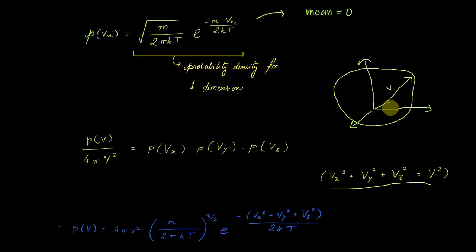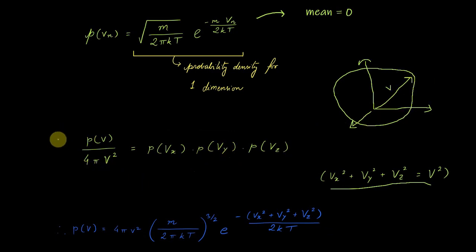The total possible vectors that you could have is all the vectors lying on this sphere of radius v, and hence what I've done is multiply this probability density with 4 pi v square, which is the surface area of the sphere, which accounts for all the vectors on the sphere.